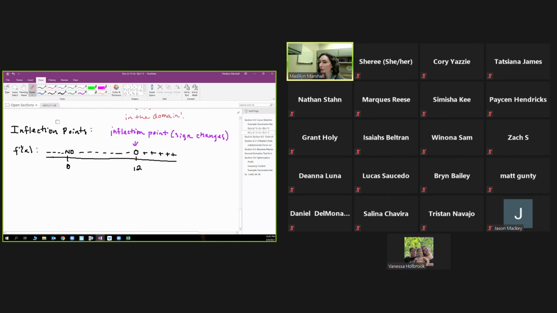But an inflection point is the whole point, and so we need to plug the 12 back into our original function to find what the y value is for that 12. So back to the original f, which was x squared plus 2x minus 8 over x squared.